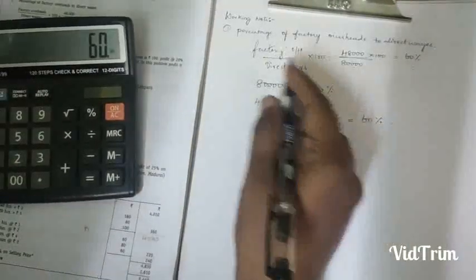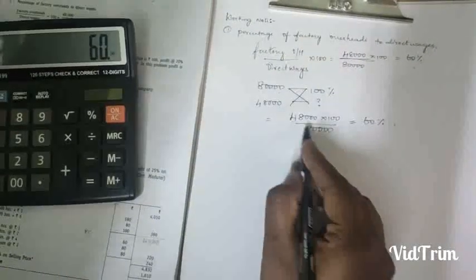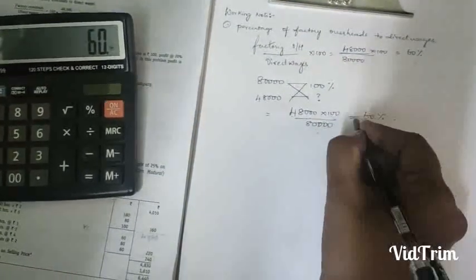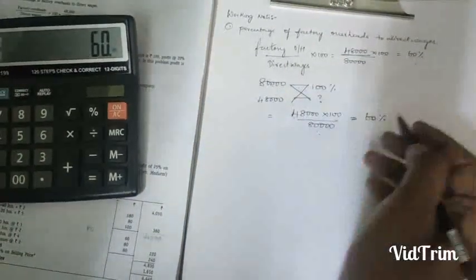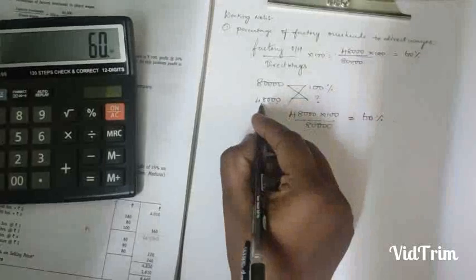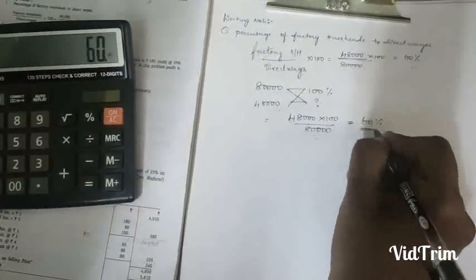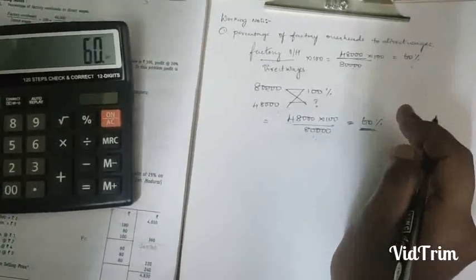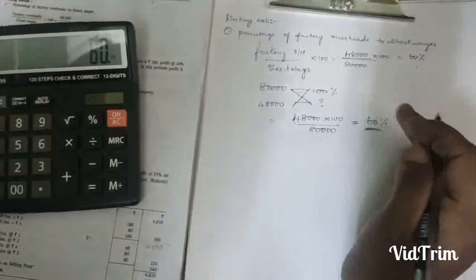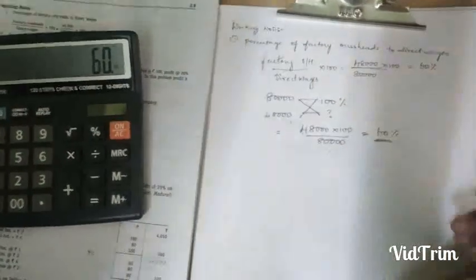It's the same formula we used above: 48,000, which is your factory overhead, divided by direct wages. So it is 60%, which means 60% of 80,000 is 48,000. I think you understood, guys. Last year, 60% of the direct wages of 80,000 moved to your factory overhead.